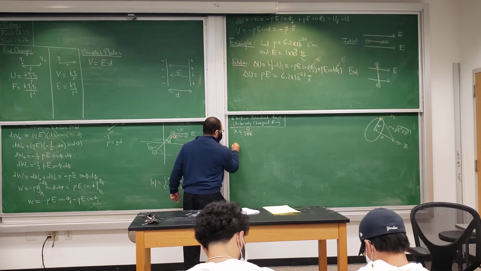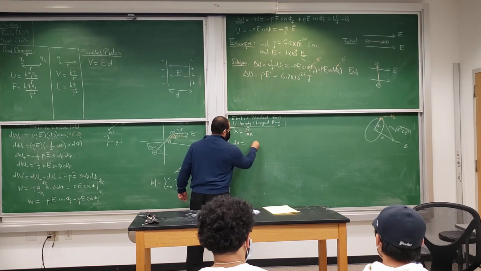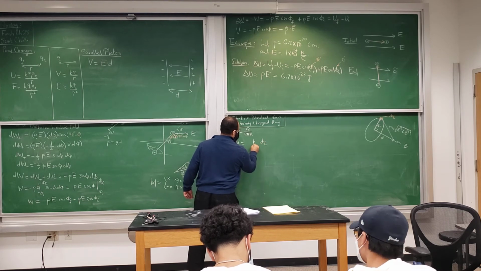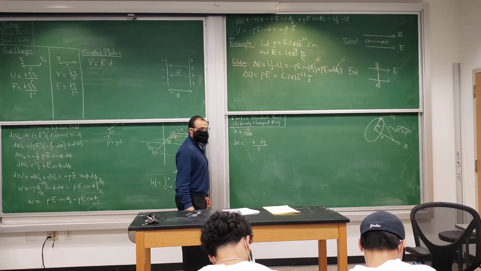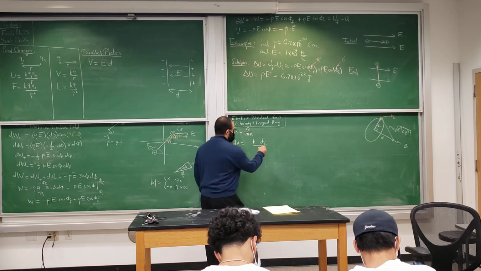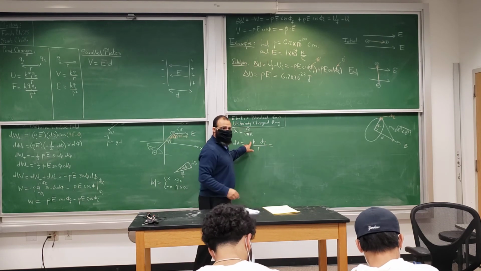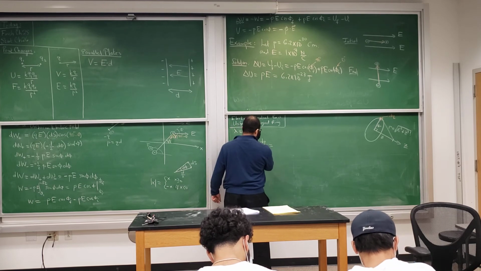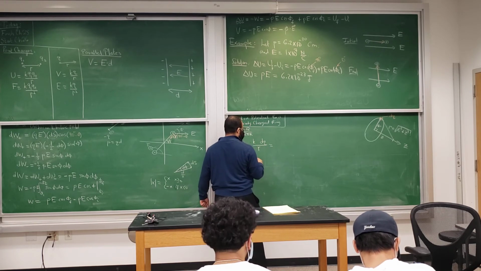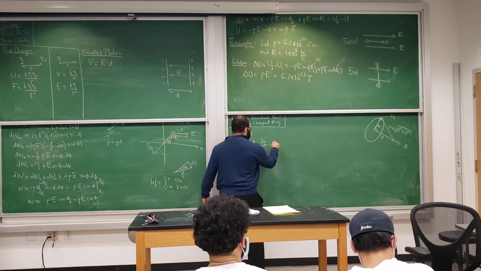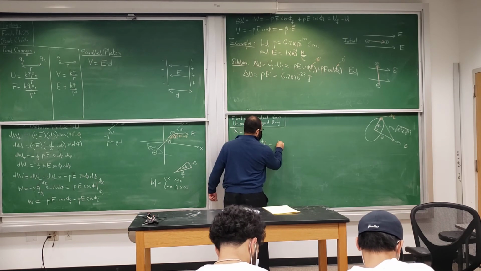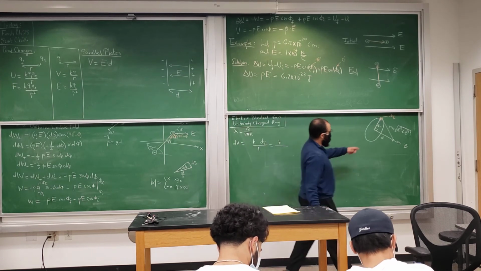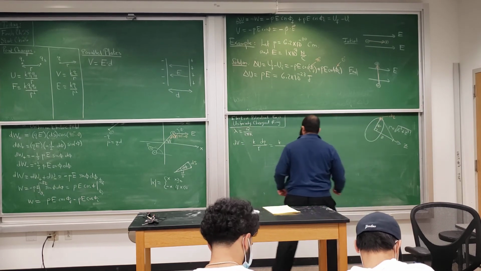So dV is equal to k times dq divided by r. K, of course, is 1 over 4 pi epsilon naught. I would keep it as K for now. Later I might switch to 1 over 4 pi epsilon naught. So dV is k dq over r, where r is the square root of R squared plus z squared.